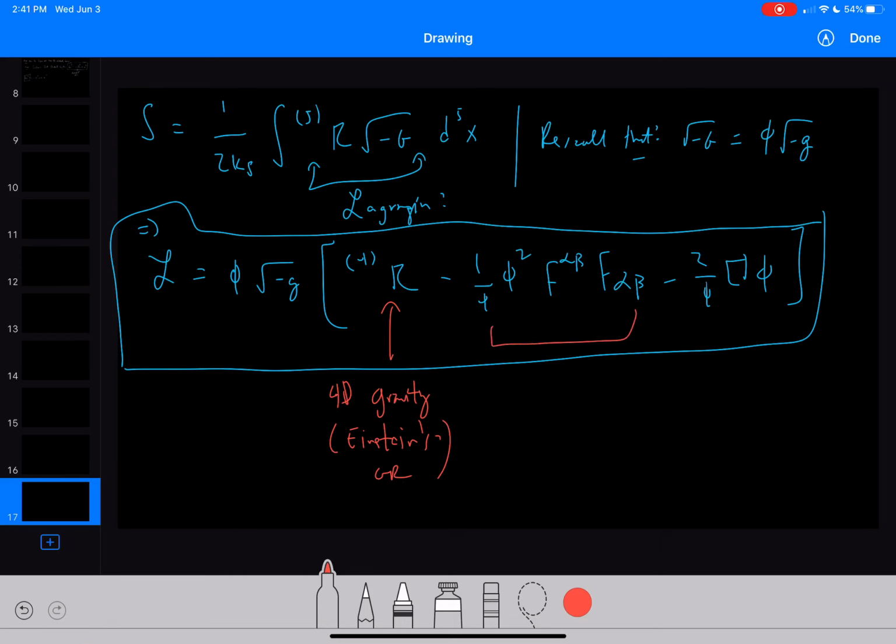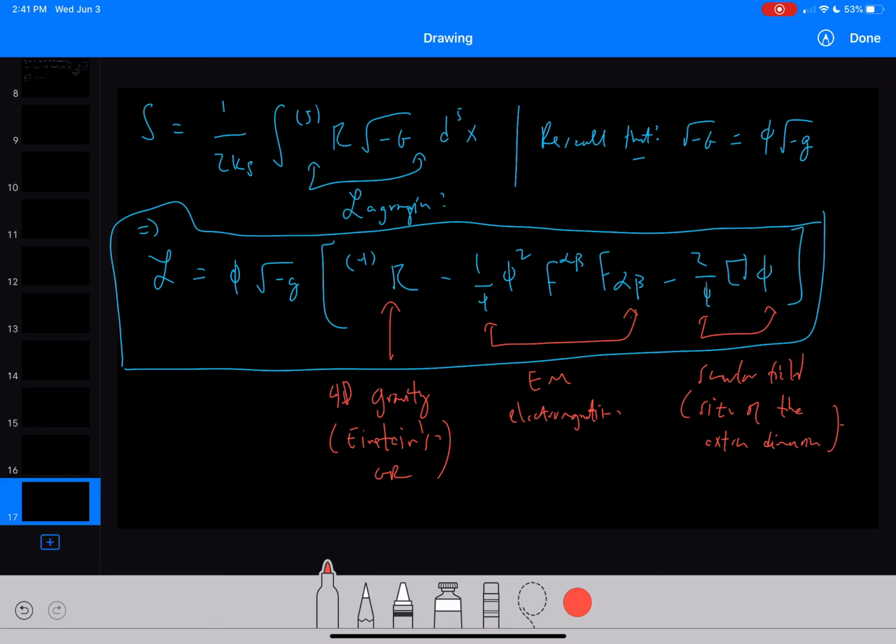Then in this term, you have electromagnetism. And here you have the scalar field that determines the size of the extra dimension, the fifth dimension.